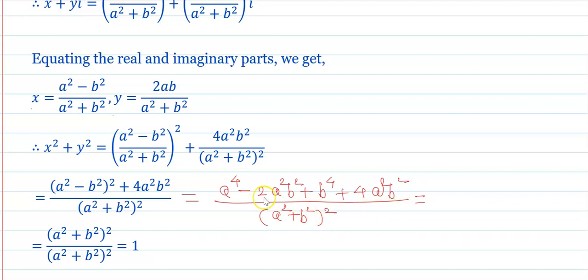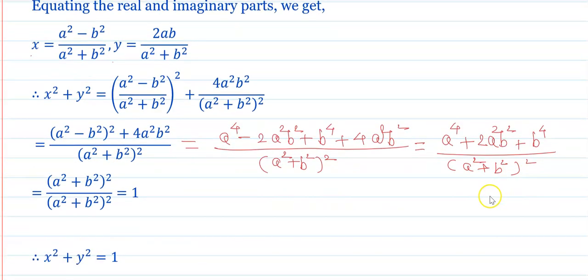Now this is a minus 2a square b square, this is a plus a square b square. Overall you will get 2a square b square, means what? A raised to 4 plus 2a square b square plus b raised to 4 upon, what is here? Denominator (a square plus b square) whole square.